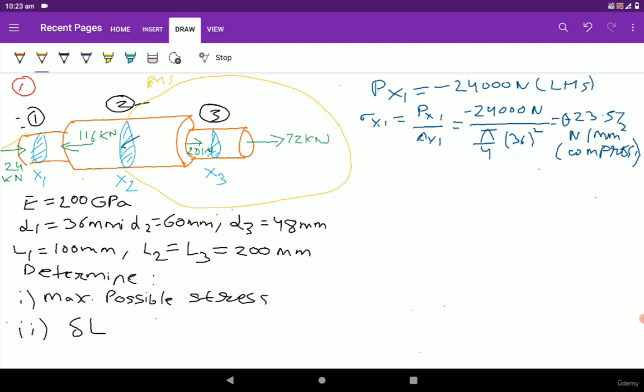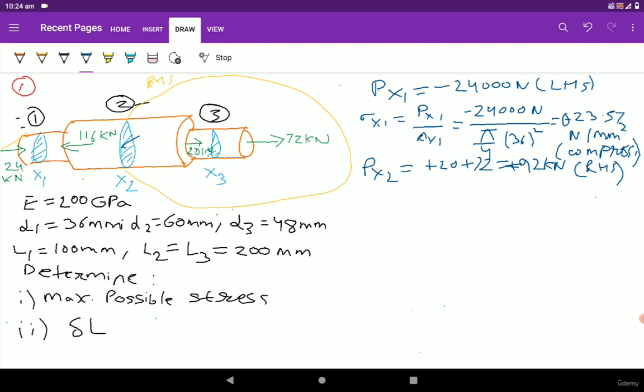So px2 is equal to, here 20 kilonewton is tensile in nature, so we are going to write plus 20, and plus 72 kilonewton, because it is also tensile in nature. By summing up, we get plus 92 kilonewton. You have to always take the sign convention from the right hand side of the x2 section.